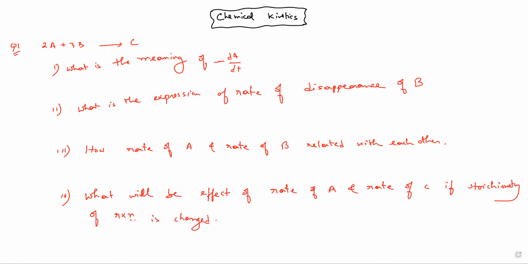Okay, second question, number 2: 2A gas converted to 3B. Pressure of A changes from 2 atm to 1.5 atm in 10 seconds.